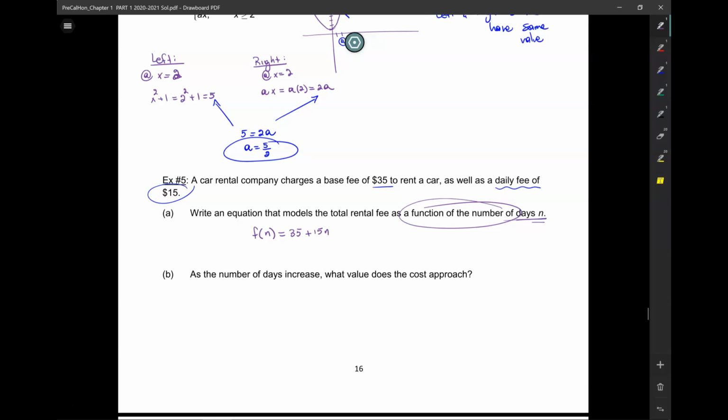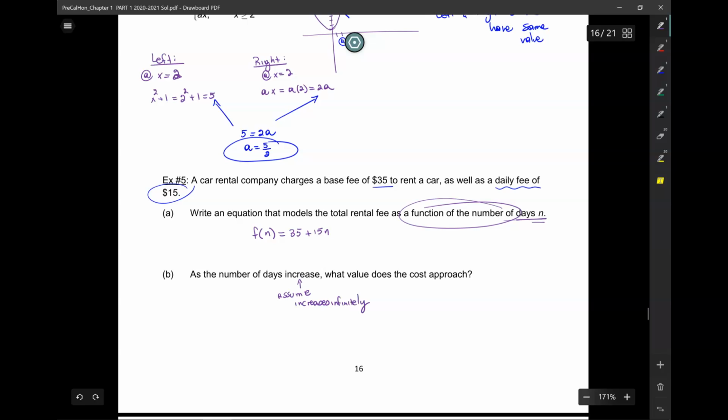B, as the number of days increases, what value does the cost approach? This is an end behavior problem. So when it says increase, assume it increases infinitely.